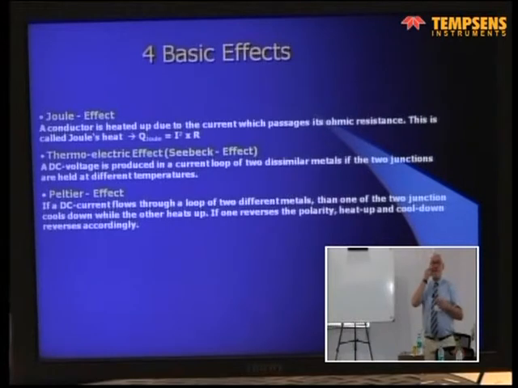The Peltier effect. If a DC current flows through a loop of two different metals, then one of the two junctions is cooled. Yes, and so the sum of the current produced by each of the differential small thermocouples connected in line is added to the complete result.